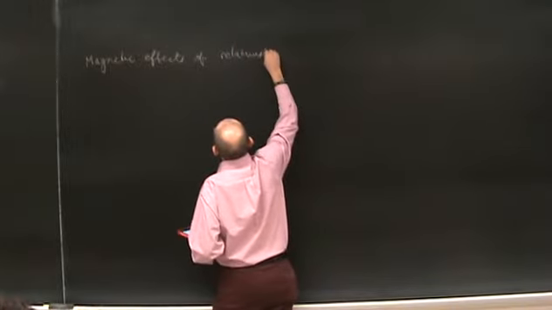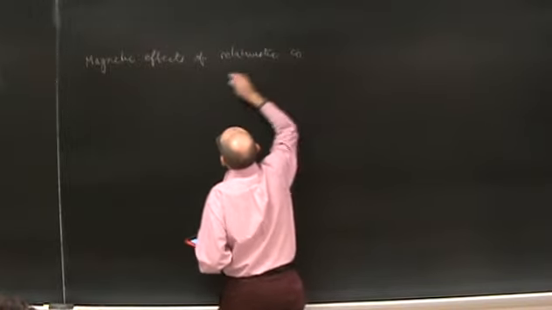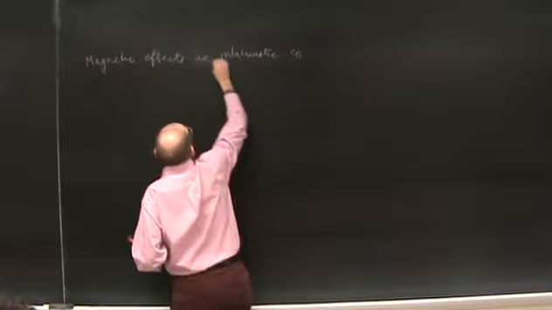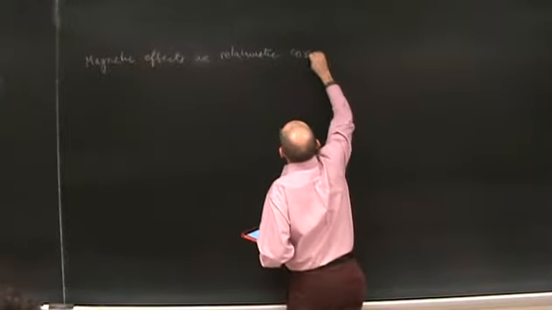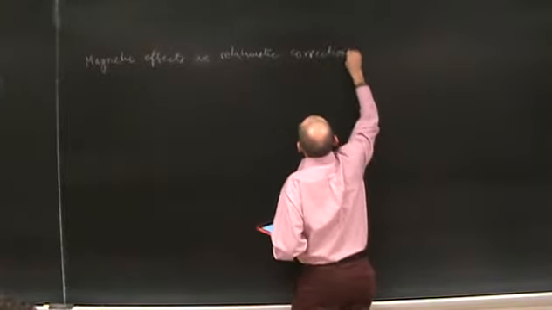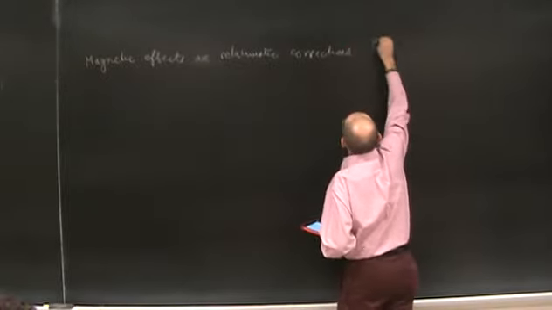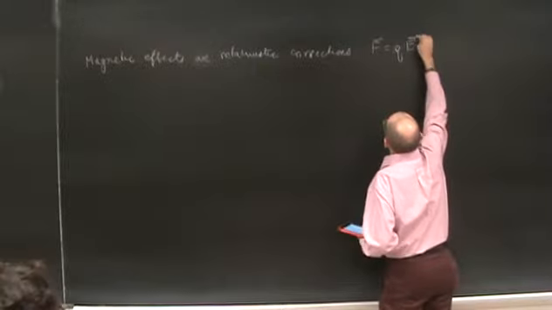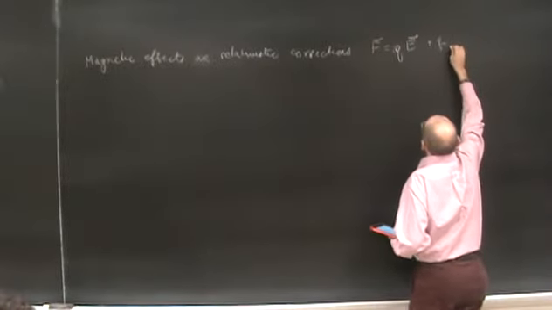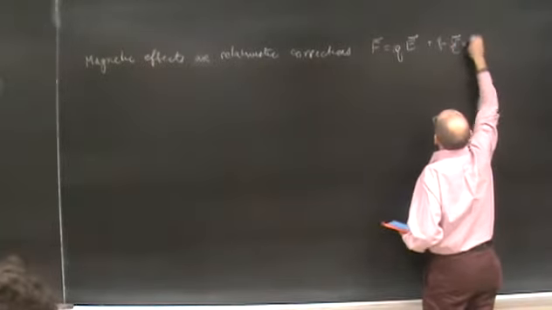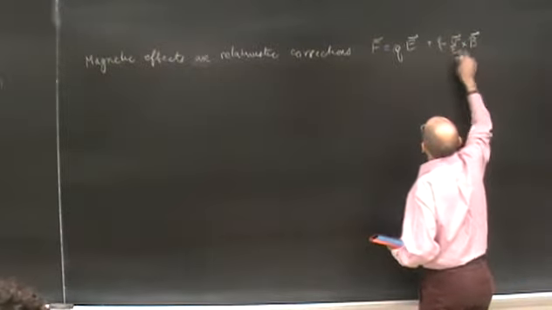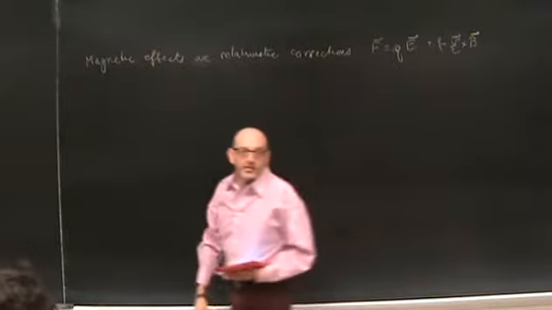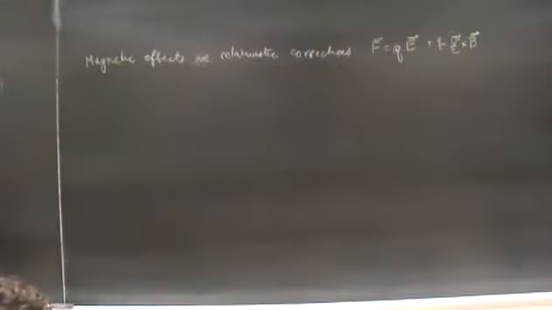They're relativistic corrections, because the force on a charge q depends, for an equal strength of electromagnetic field, on v over c.